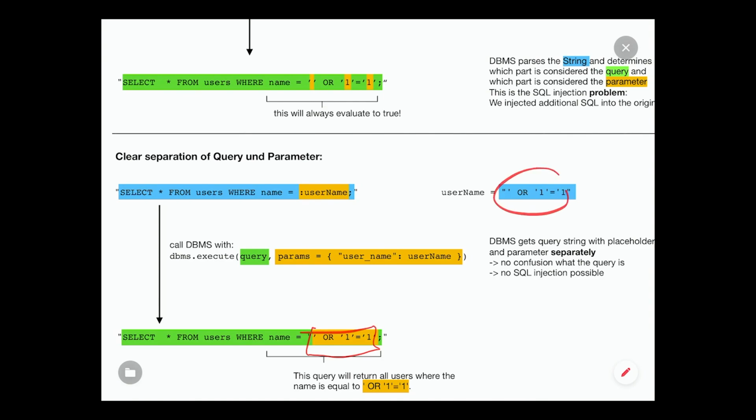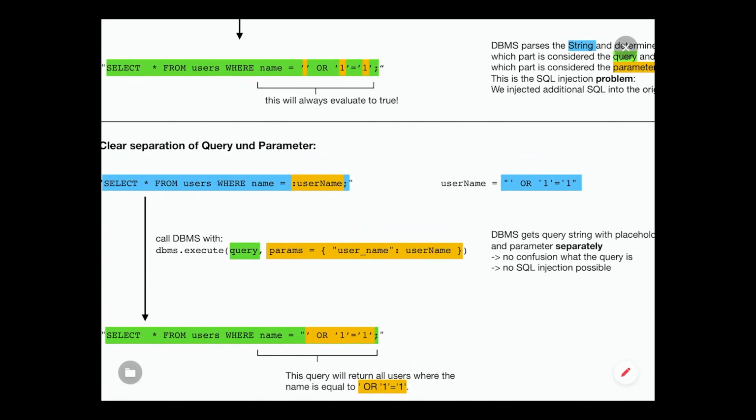So basically, the query will be unchanged, and this query will return all users where the name is equal to single quote space or blah, blah, blah, if someone is named like that. But it will not change the semantics of the query. It will only return at most one user. If there's a user with that wild name, it will return that. If not, it won't return anything. And that's the way to avoid SQL injection.